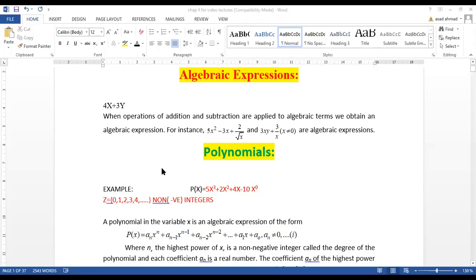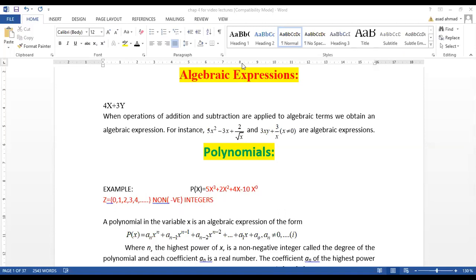Okay, so the point I was discussing was that the polynomial expression will be such an algebraic expression which contains variables, and powers will be non-negative integers. Means it will be 0, 1, 2, 3, 4.